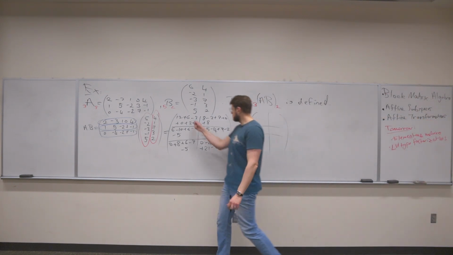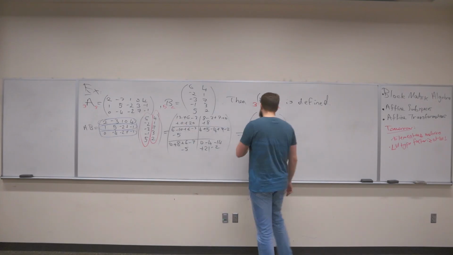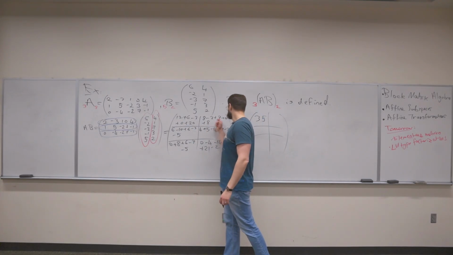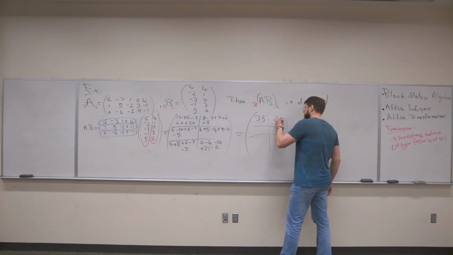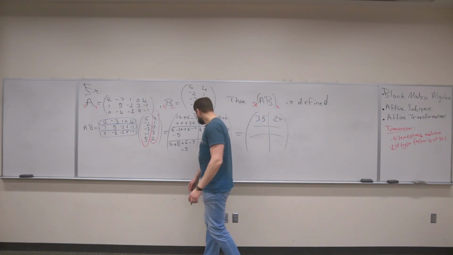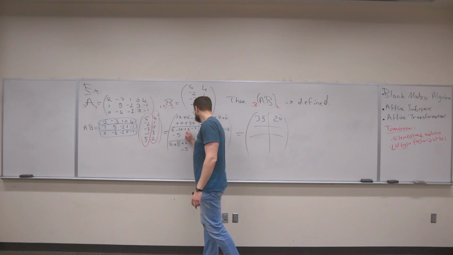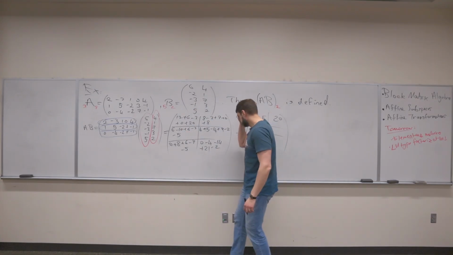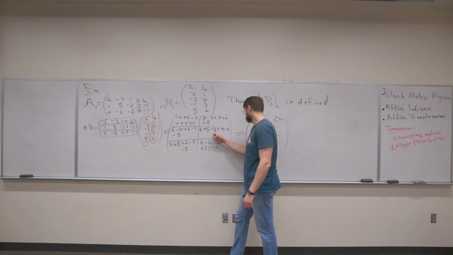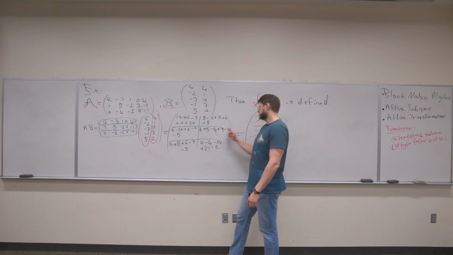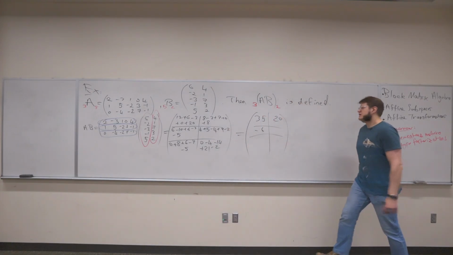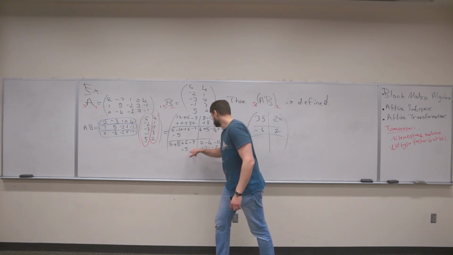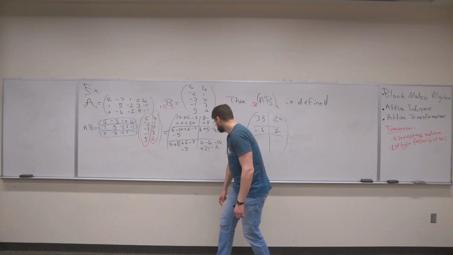So what is this? This is 3, 15, 35, 16, 20. Okay, 12, 2, minus 1, minus 6. Minus 10, minus 12, minus 3 plus 2, I think. Okay, and then let's try to combine.